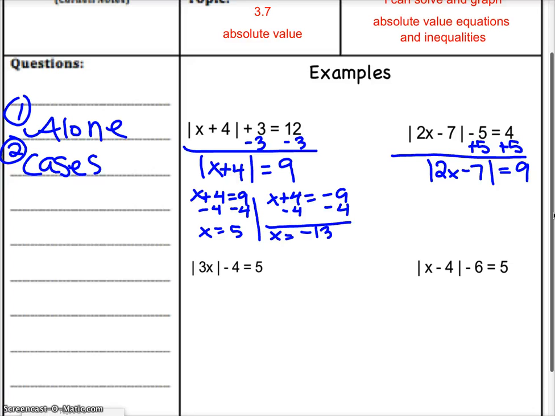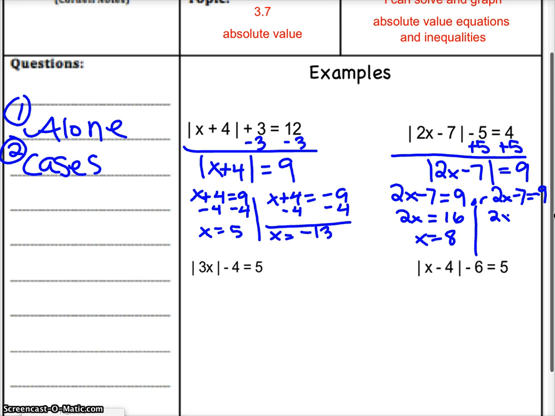But there's going to be times where you have to get it alone first. Two cases now. It's either positive 9 or 2x minus 7 is negative 9. Add 7, 16. 2x equals 16. X is 8. Add 7. 2x is negative 2. X is negative 1.